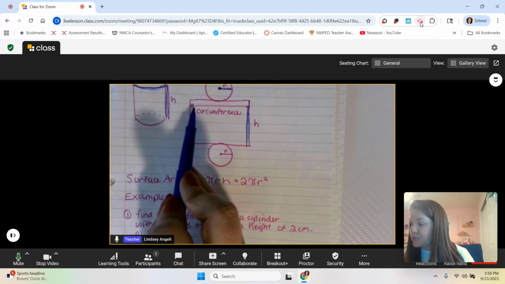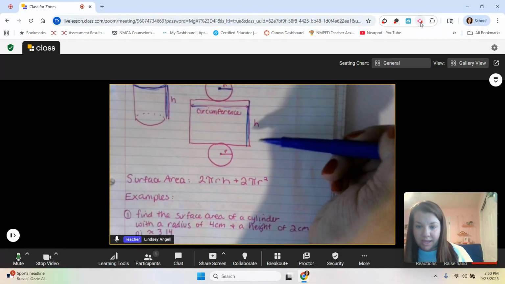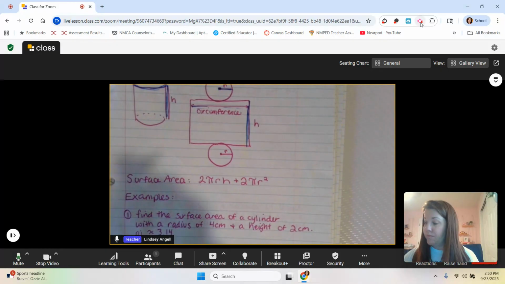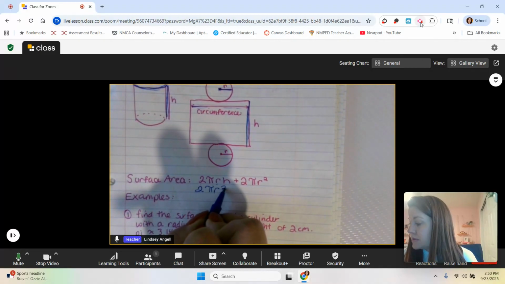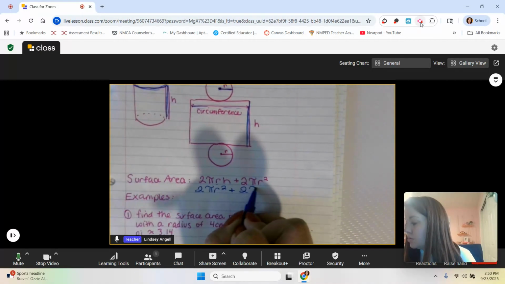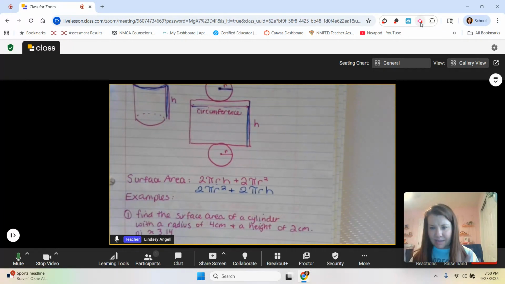But that's just this length, and to find the area of a rectangle, you also have to multiply by the height. And then you add it all together. So you might see it like this. You also might see it backwards. You might see 2 pi r squared plus 2 pi rh. It's the exact same thing, but because of the commutative property of addition, we can flip-flop those.